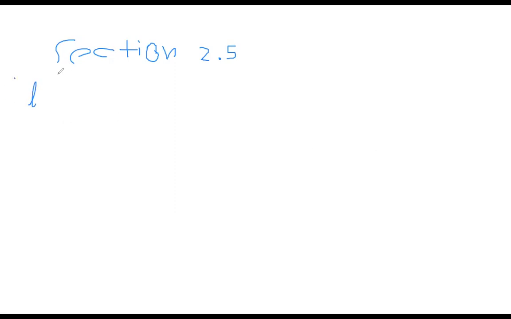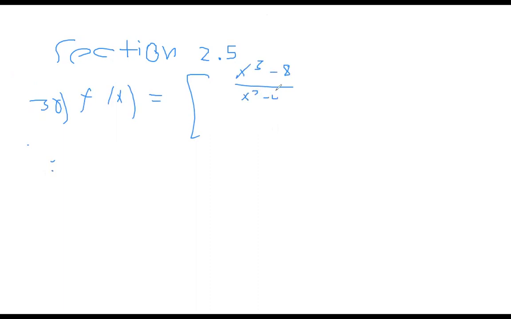All right, so we're going to do number 30, because they count section 2.5. So that's f of x equals x cubed minus 8 over x squared minus 4, and then that's 3.